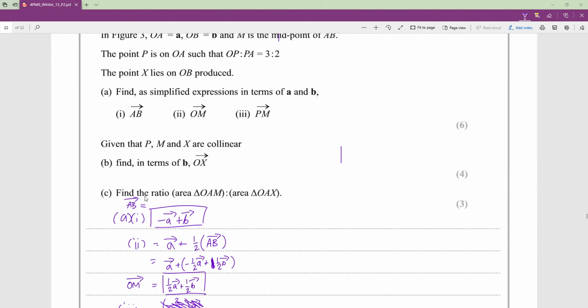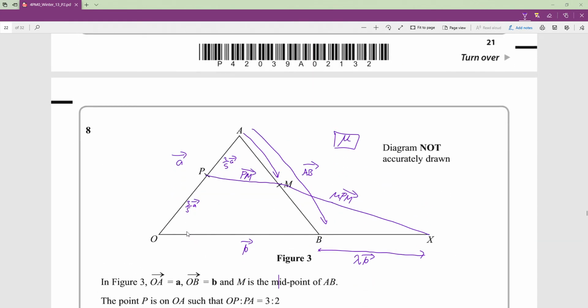Finally, we must find the ratio, the area of OAM to the area of OAX. So, this ought to be very interesting. I haven't actually had much experience with these kinds of area questions, but it should be very interesting. So, we should think about how to attack the problem.